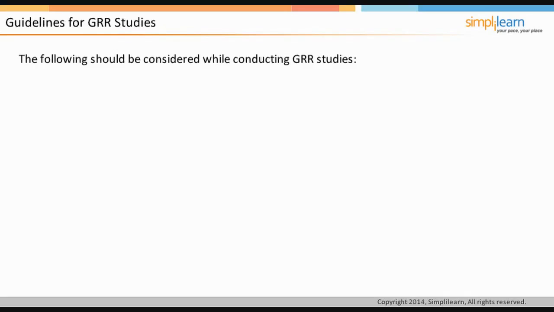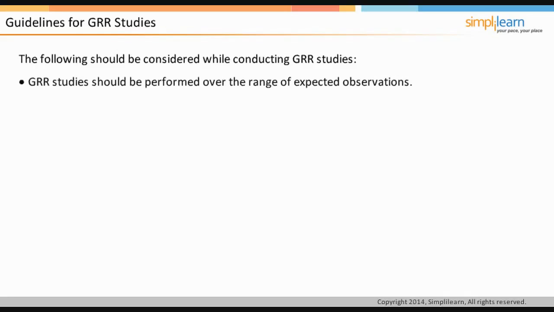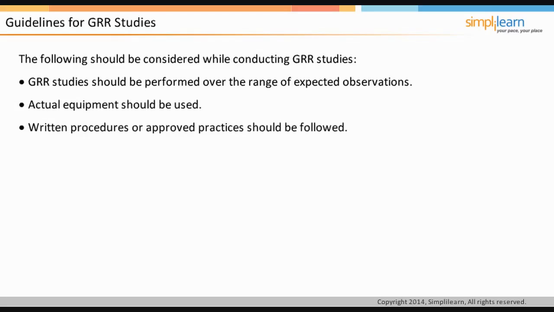The following should be kept in mind while carrying out gauge repeatability and reproducibility, or GRR studies. GRR studies should be performed over the range of expected observations. Care should be taken to use actual equipment for GRR studies. Written procedures and approved practices should be followed as would have been in actual operations.